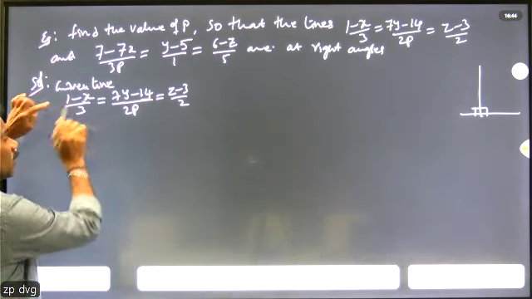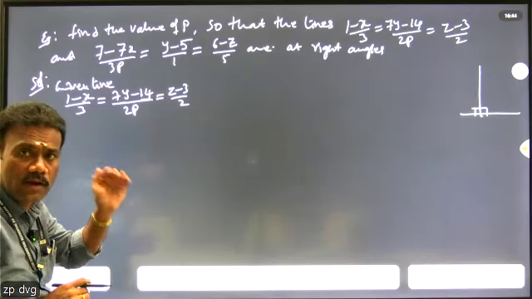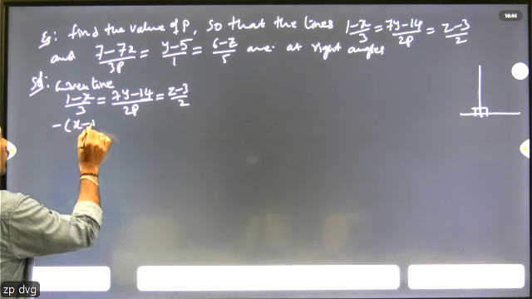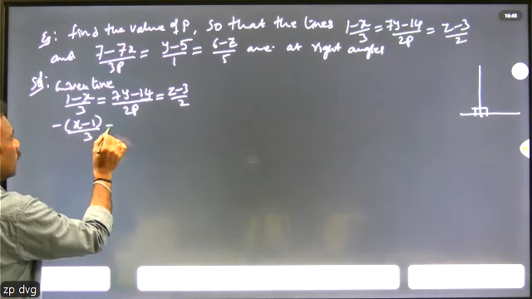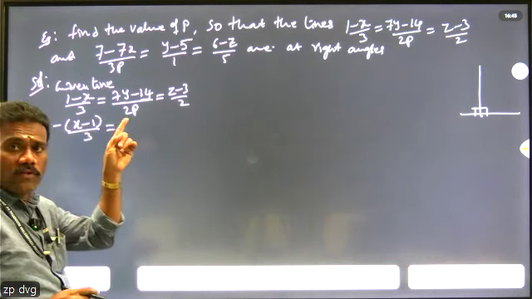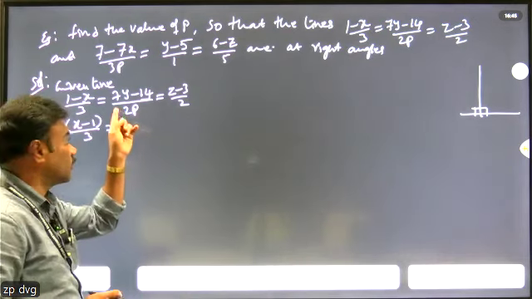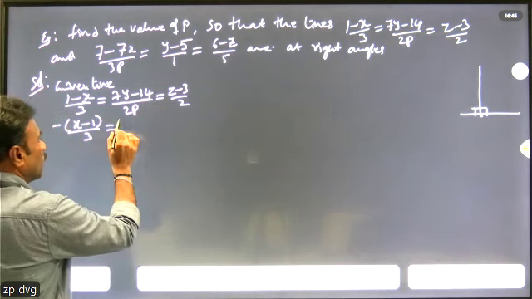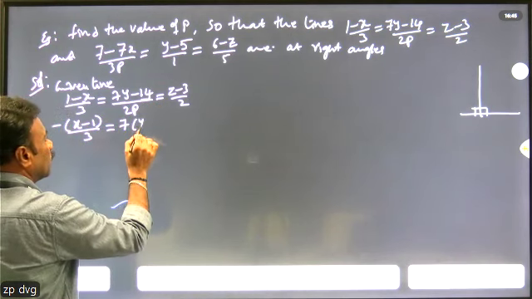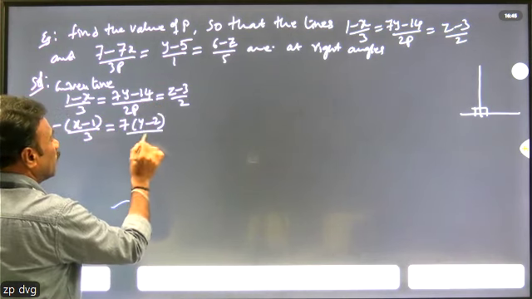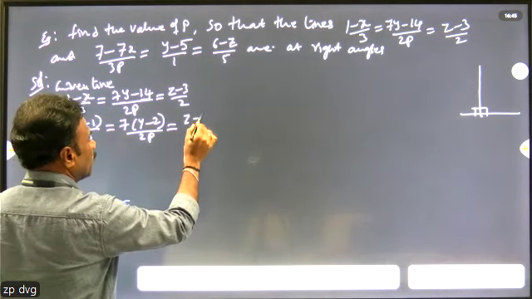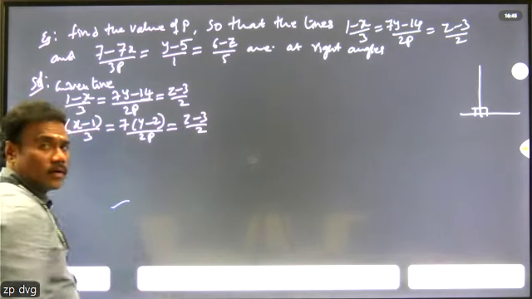Here 1 minus x is there, so let us take minus common. If you take minus common, you will get x minus 1 by 3 is equal to, here we must get y minus y1, but it is 7y minus 14. So if you take 7 common, you will get y minus 2 by 2p is equal to z minus 3 by 2, as it is.